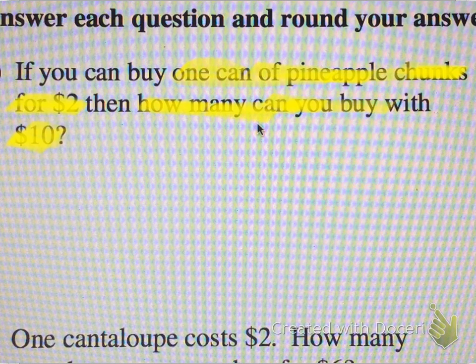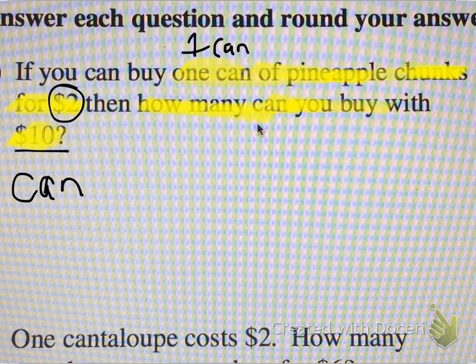Now that I have annotated my question, I am going to figure out my units. Well, this told me 1 can, so can is 1 unit, and $2 is another, and $10 is another. So I'm going to choose can over dollar amount.